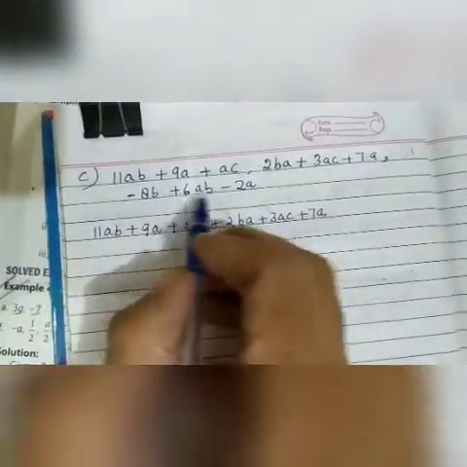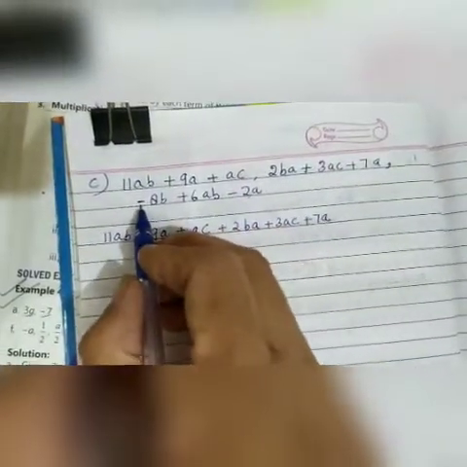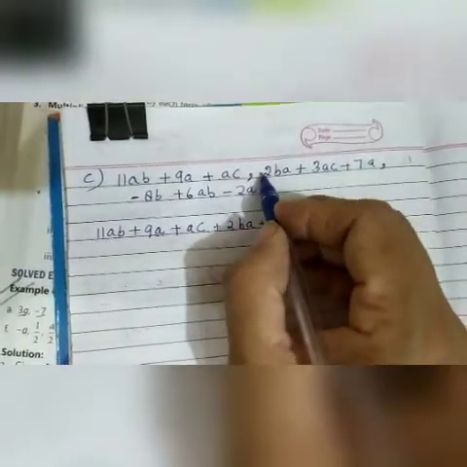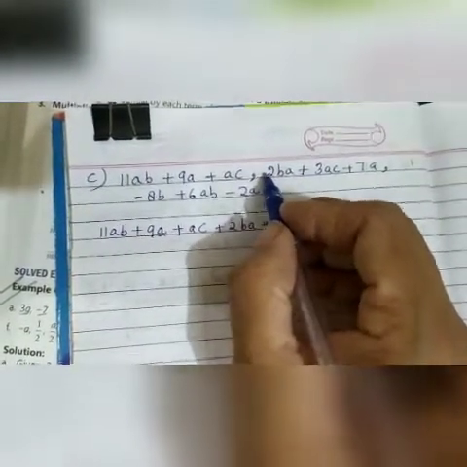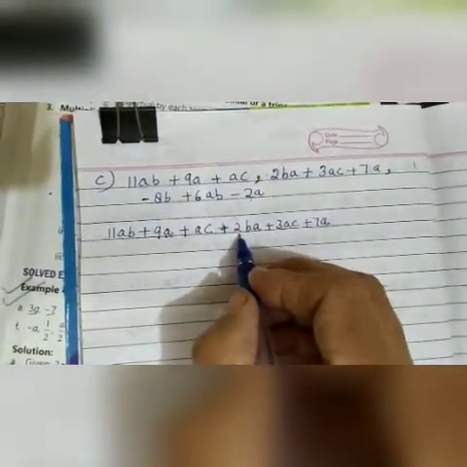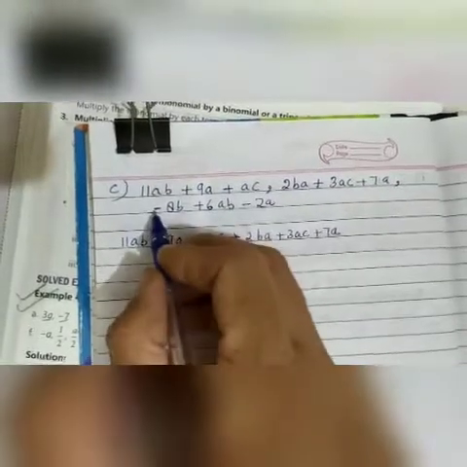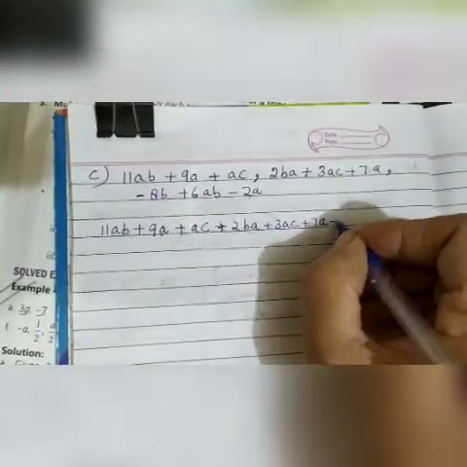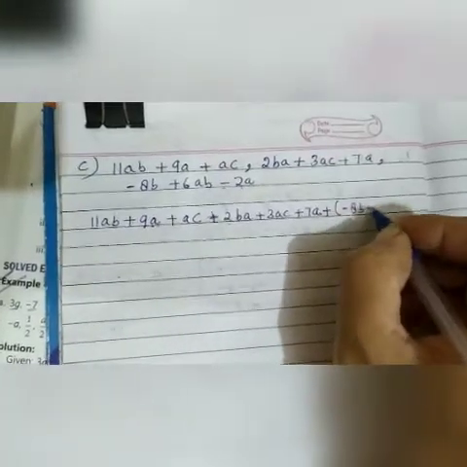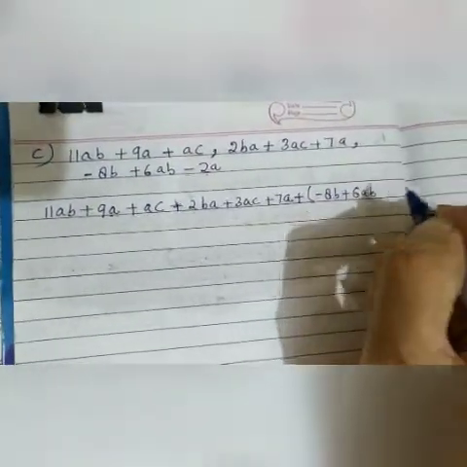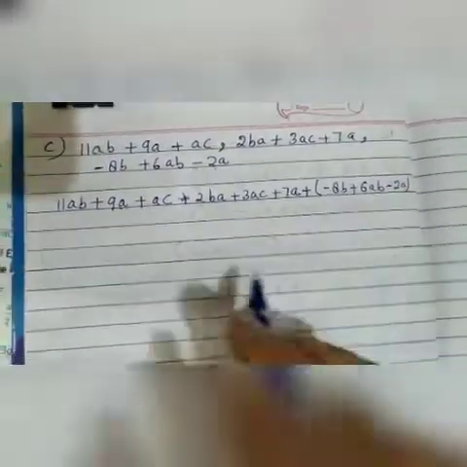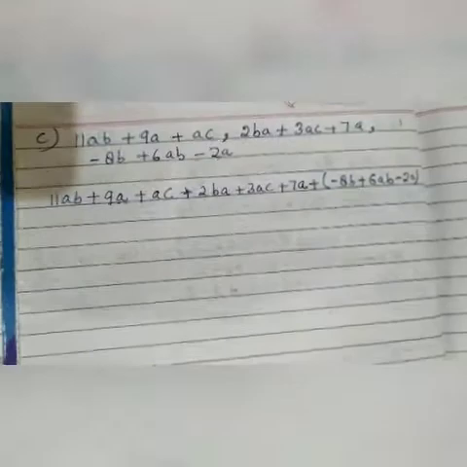Now again in the third expression, in the starting there is a minus sign. See here in the second expression, in the starting there is a plus sign, so we did not use a bracket. But in the third expression, in the starting there is a minus sign. So we will write first plus, then within bracket minus 8b plus 6ab plus minus 2a. We have written all these three expressions.